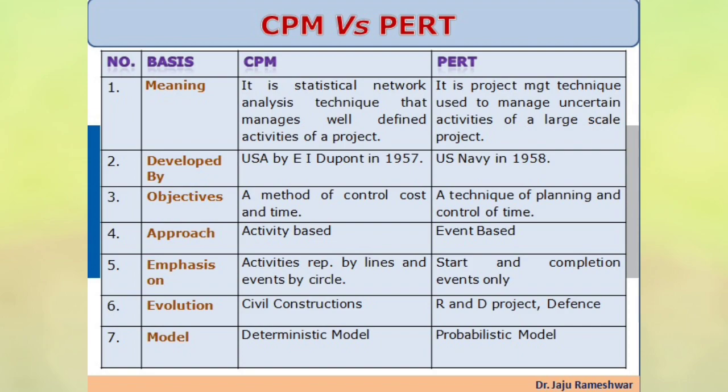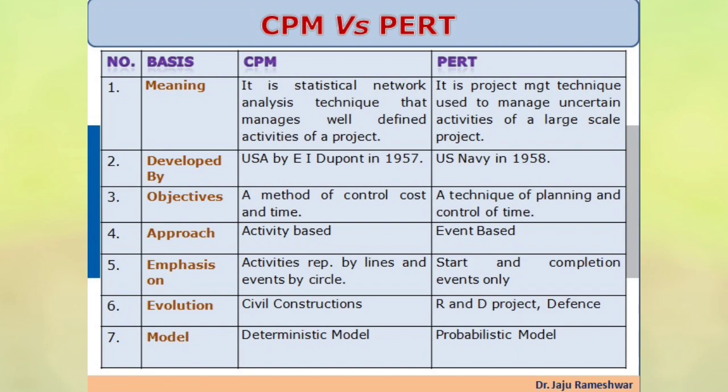The main emphasis in CPM is on activities represented by lines and events by circles, whereas in PERT the emphasis is on start and completion events only. Evolution of CPM is typically for civil construction, whereas PERT evolution was made for research and development products and typically for defense research.